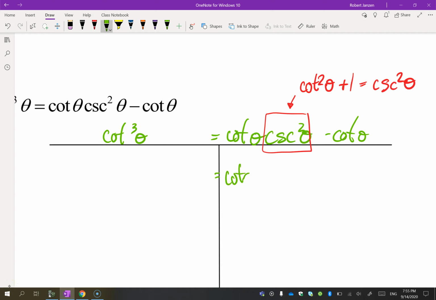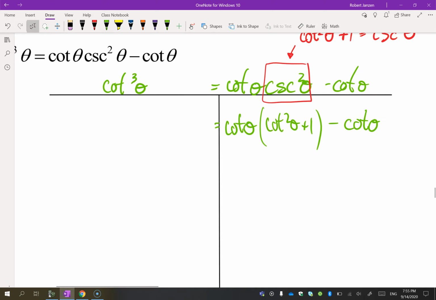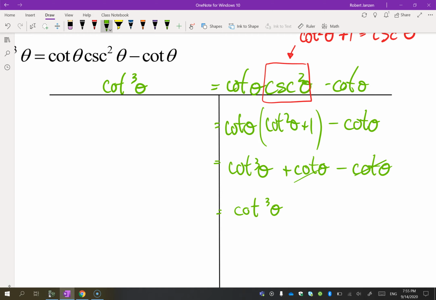You're going to get cotan, and then instead of cosecant squared, we're going to write cotan squared plus 1. And now it kind of takes care of itself. We'll multiply the cotan, so you get cotan cubed plus cotan minus cotan. Those cancel, and you have cotan cubed.